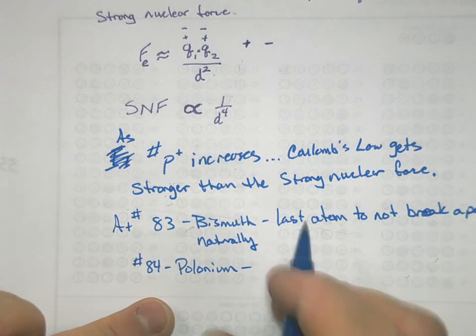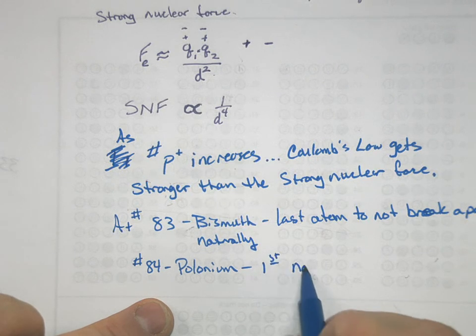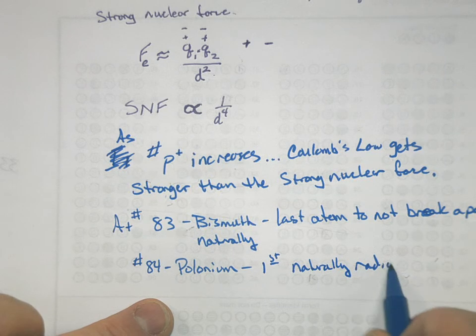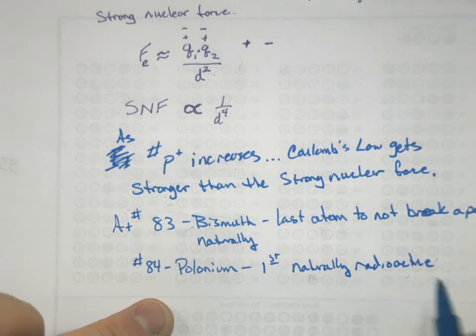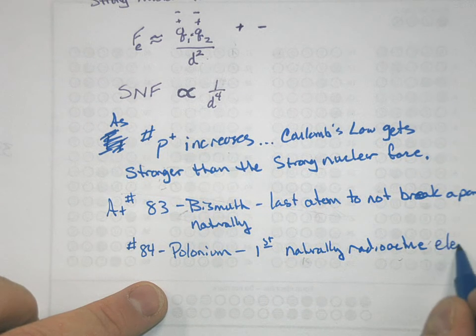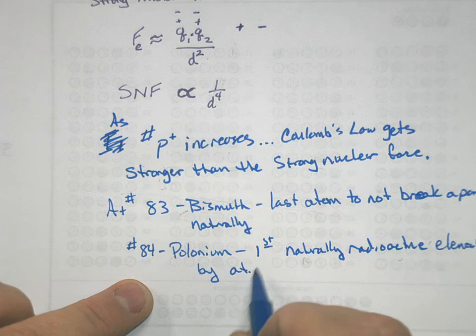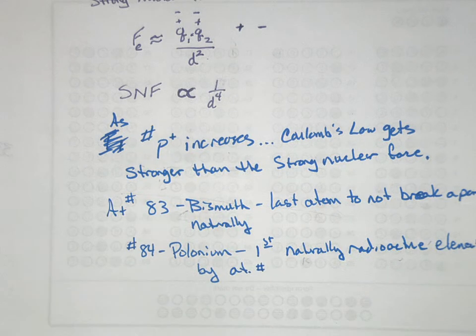Polonium is the first naturally radioactive element by atomic number. It's not the first one we found, but as we increase atomic number, when we get to 84, it is a naturally occurring radioactive element. Which means what? So it's radioactive.